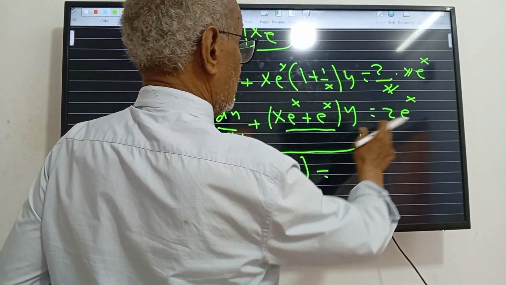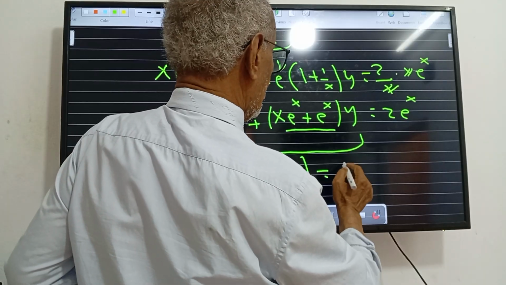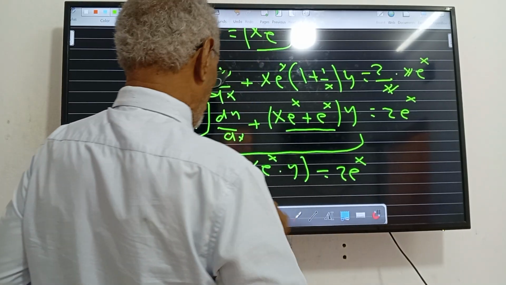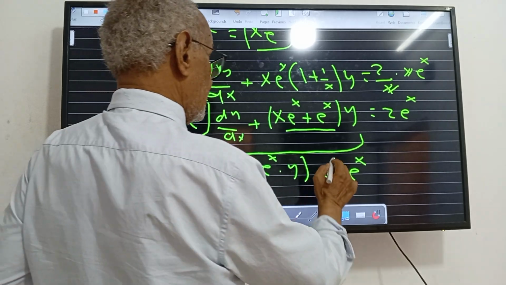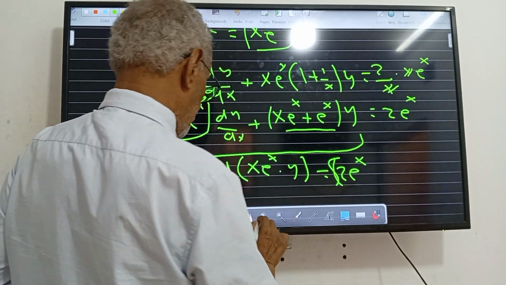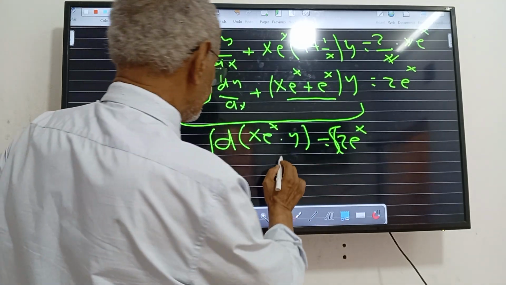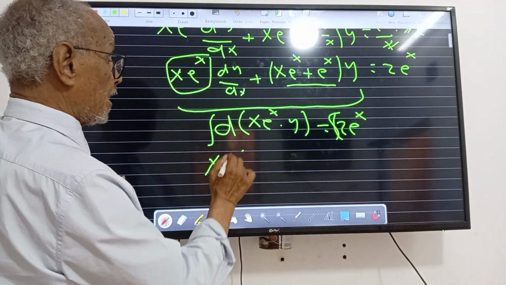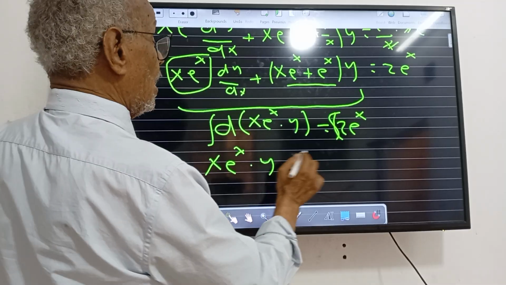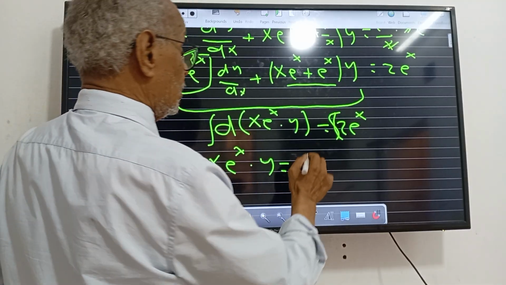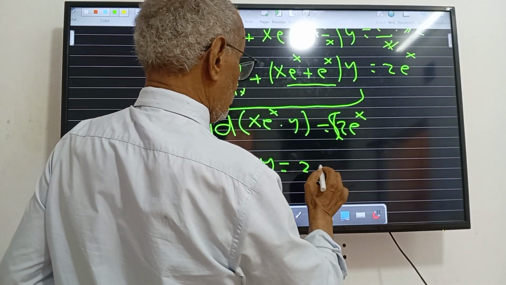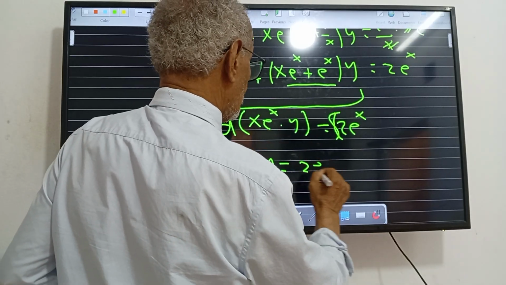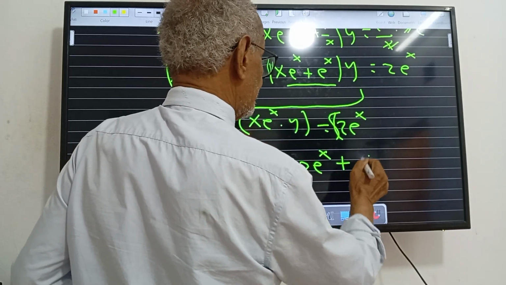If we differentiate this, you will get x e to the power x times y equal to the integral of x e to the power 2x, plus c.